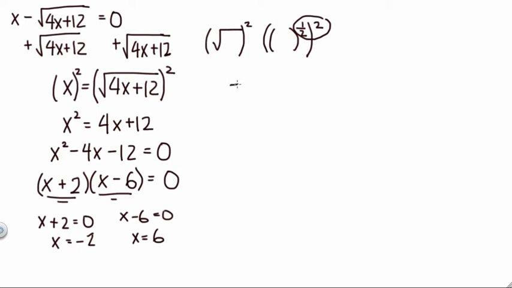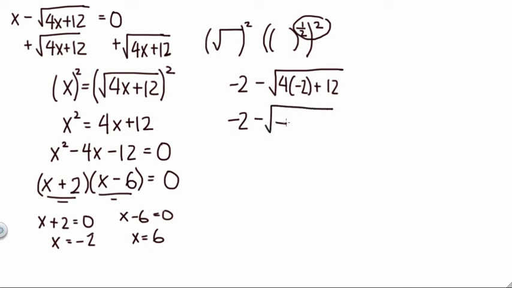So just checking it out, negative 2 minus the square root of 4 times negative 2 plus 12. If we do that out, it's negative 2 minus the square root of negative 8 plus 12. Working under the radical, negative 8 plus 12 is positive 4.